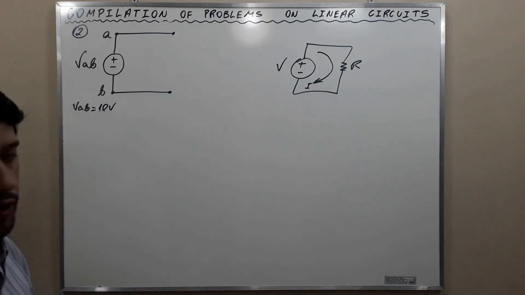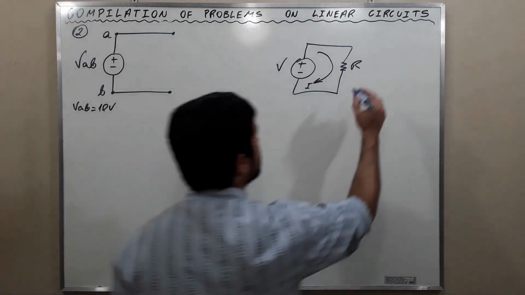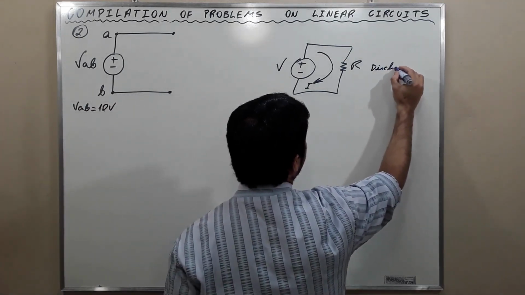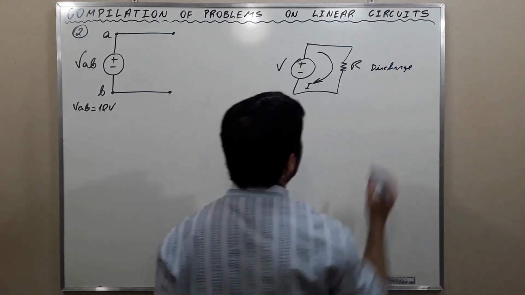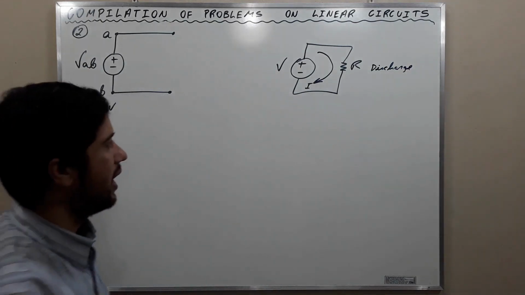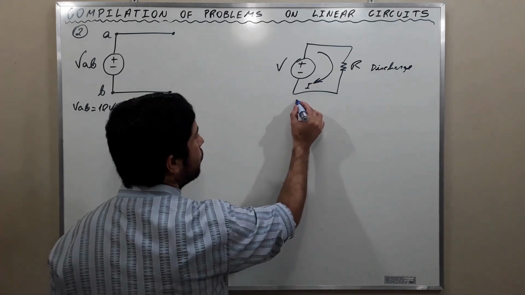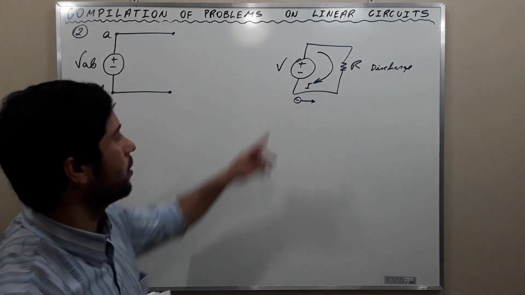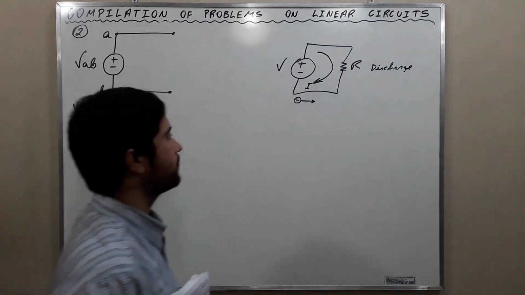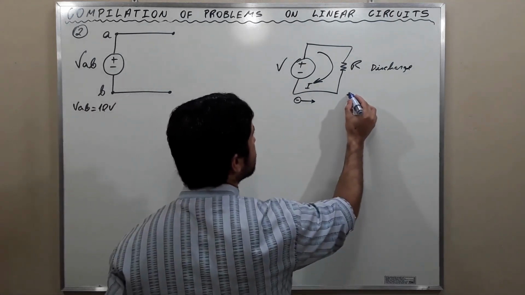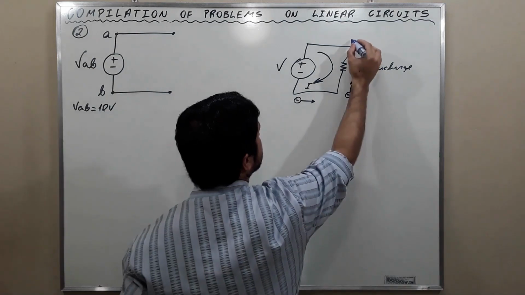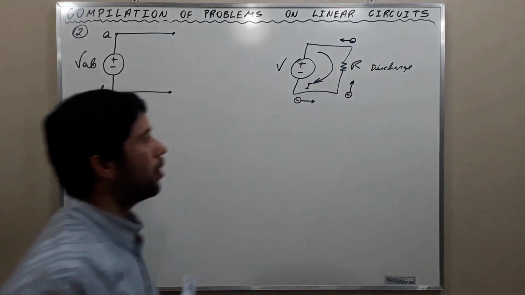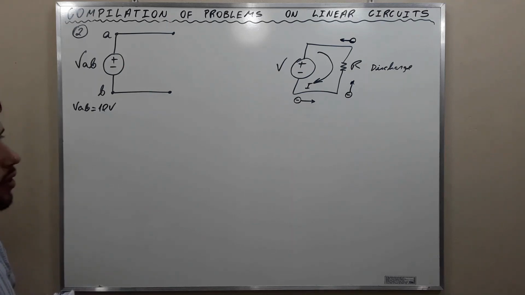Okay? This is the process of discharging. When this happens, electrons move from the negative terminal towards the positive terminal.